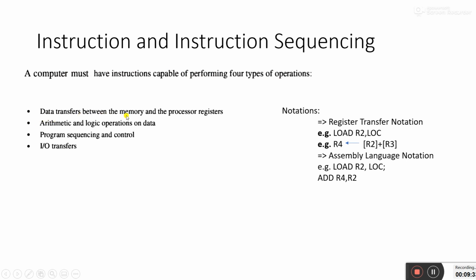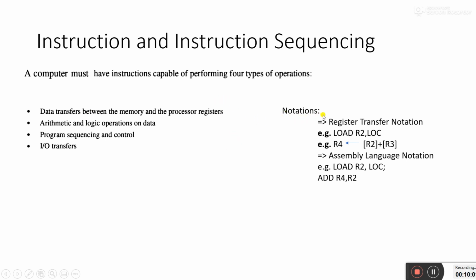One is data transfers between the memory and the processor registers, another is arithmetic and logic operations on the data, another is program sequencing control, and input output transfer. So these four types of functions we need from instructions.